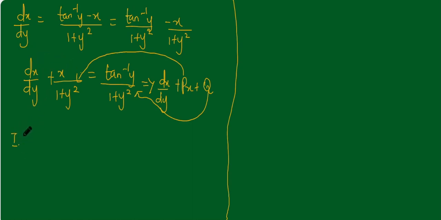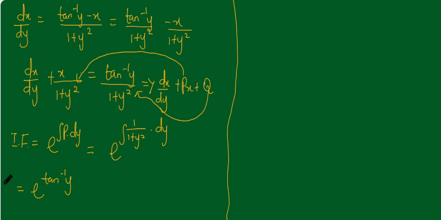Our integrating factor now is e raised to power integral of P dy, since y is our independent variable here. So we have e raised to power integral of 1 divided by 1 plus y squared dy, and this is going to give us e raised to power of tan inverse of y. So this is our integrating factor.